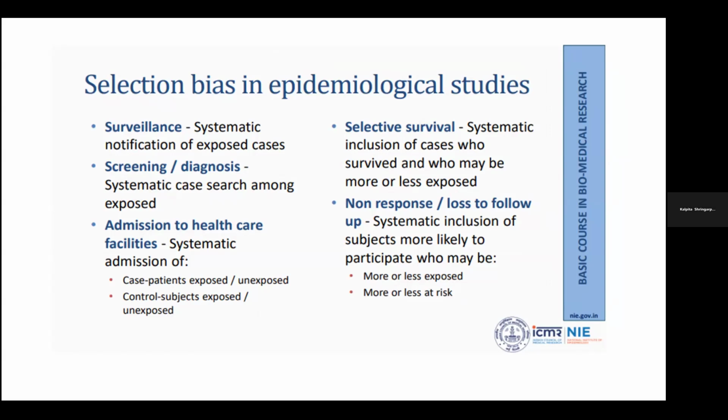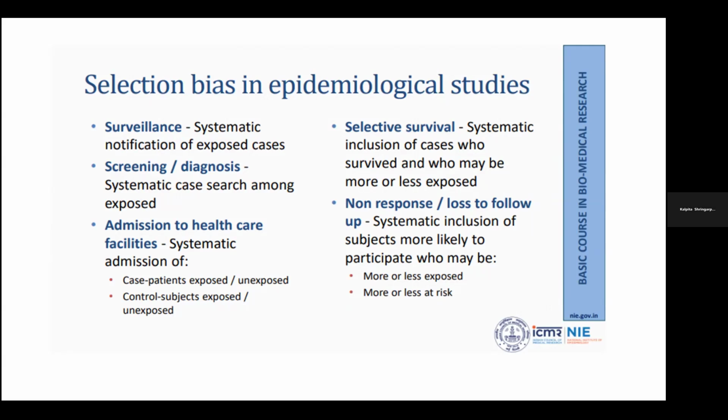Usually we tend to do studies in the healthcare facilities. So there will be cases wherein the patients may be exposed or not exposed to a particular exposure or a risk factor, and controls could be subjects who could be exposed, unexposed, but I am taking such patients who could be more exposed or not exposed, leading to over or underestimation of these associations.